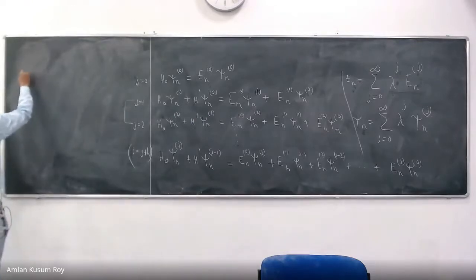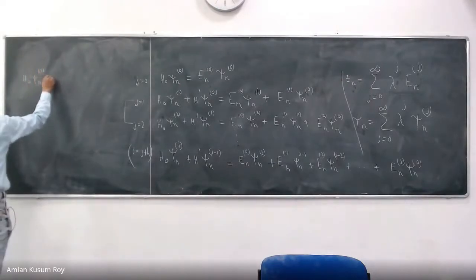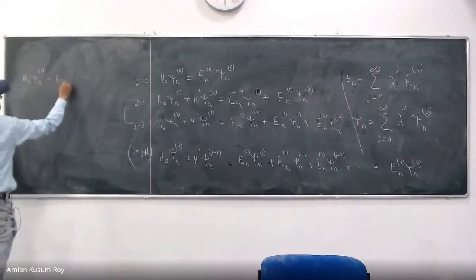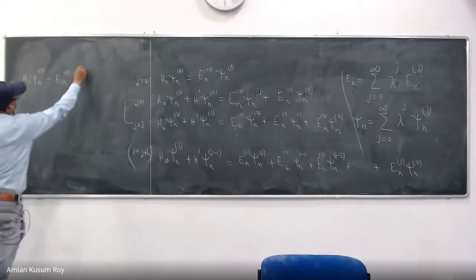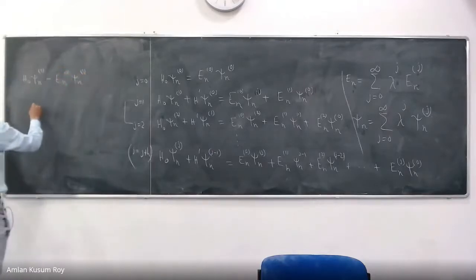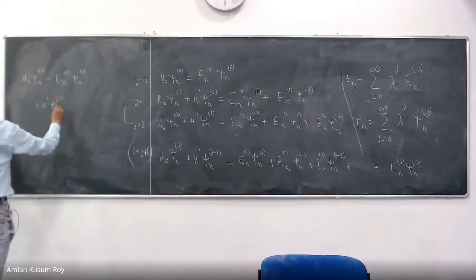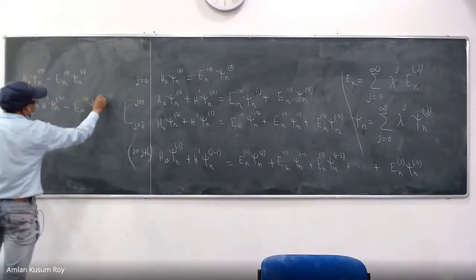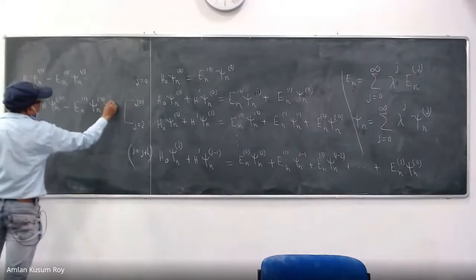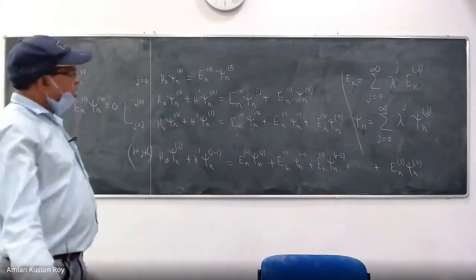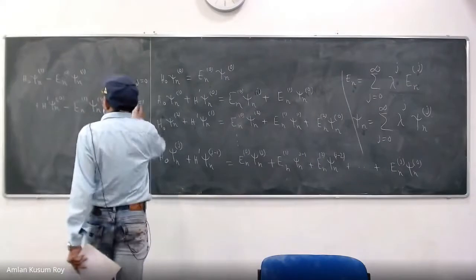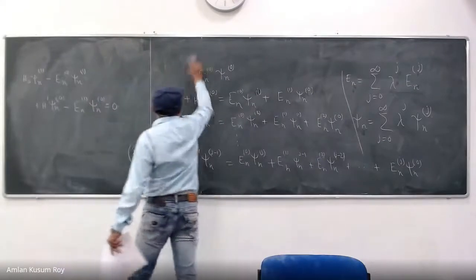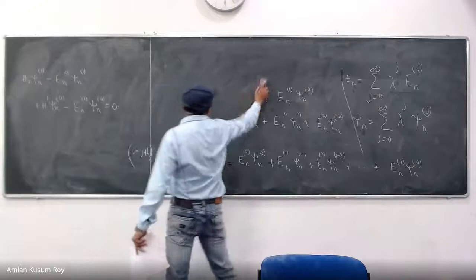The first order: H0 psi n1 minus En0 psi n1, please verify, plus H prime psi n0 minus En1 psi n0 equals 0. So just rearrange the psi n1 and psi n0 terms and see what is going on.